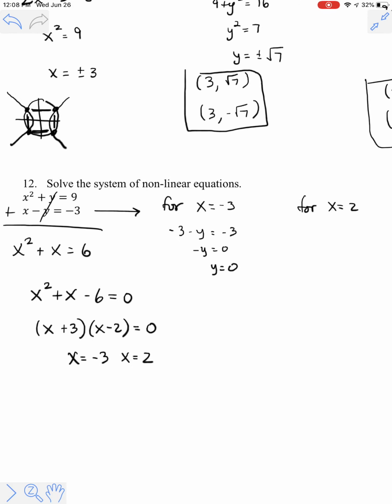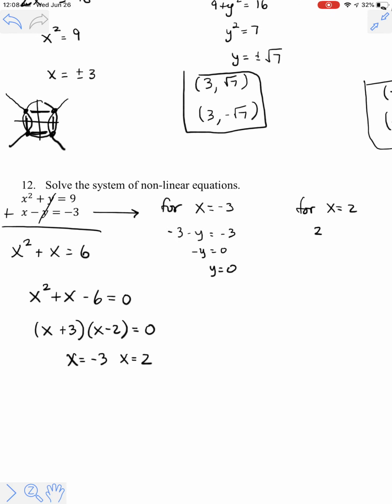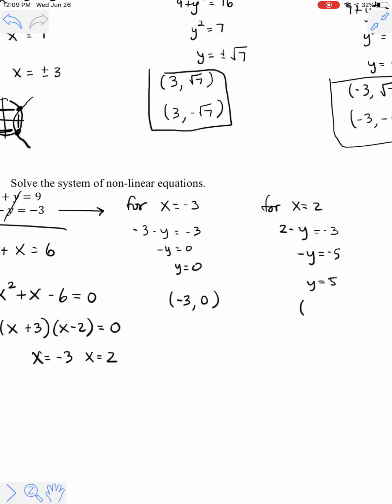When x equals 2, you're going to have that bottom equation, 2 minus y equals -3. Subtract 2 and you get -y equals -5, so y equals 5. So this solution was when x equals -3, y was 0. And this solution was when x equals 2, y was 5.